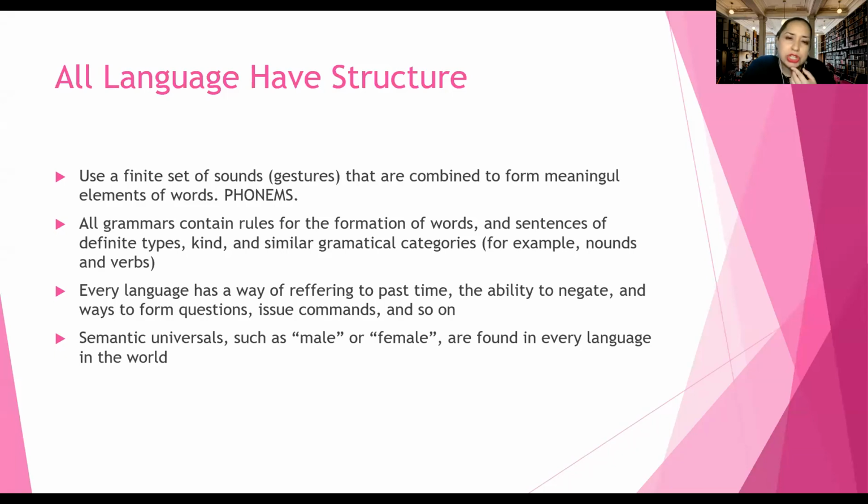Every language with its grammar has nouns and verbs. Every language has a way of referring to past time, and the ability to negate. Every language has to have that. If you want to say no, how do you say no?